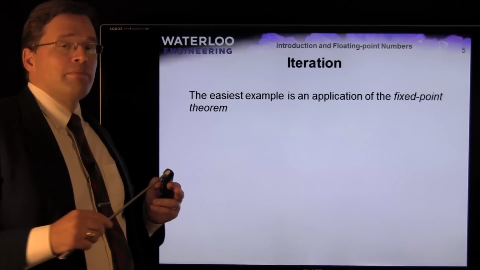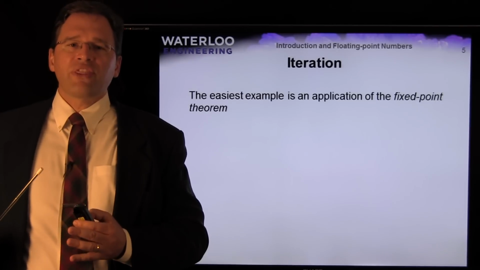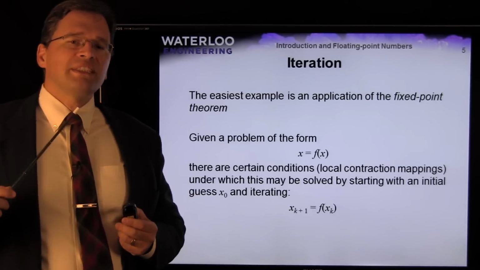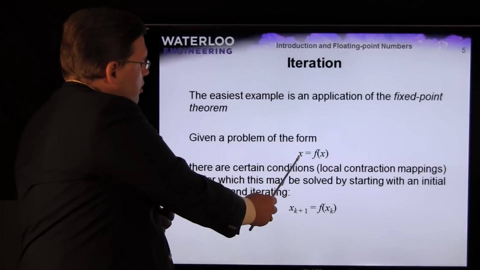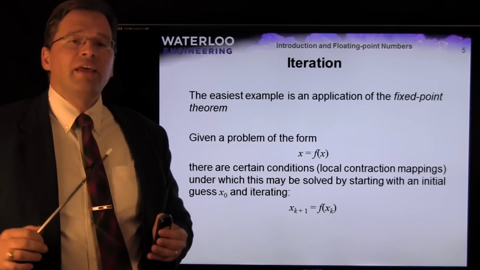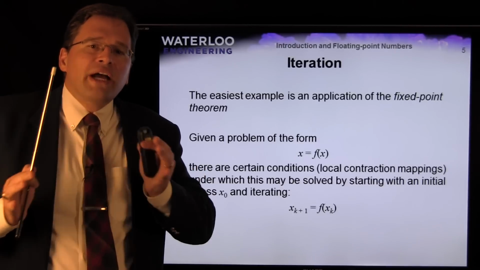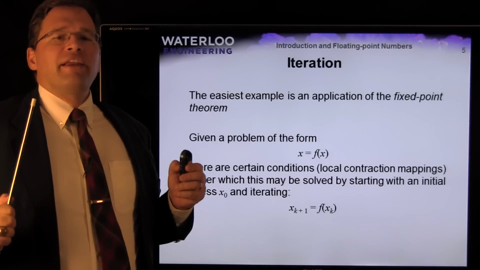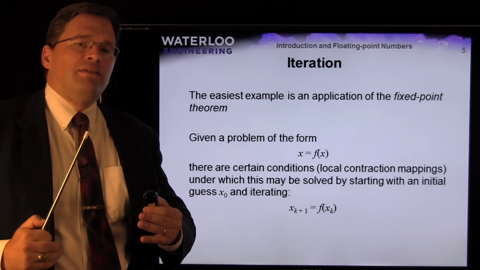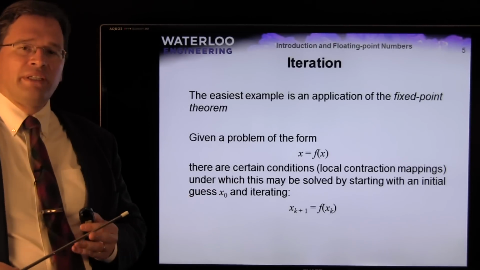One of the most obvious and simple applications of iteration is with the fixed point theorem. The fixed point theorem says that if we have an equation of the form x is equal to f of x, then if around a solution to that there's a local contraction mapping, we may find or approximate that solution by starting with an initial guess.